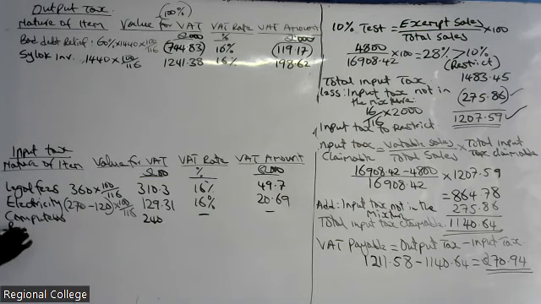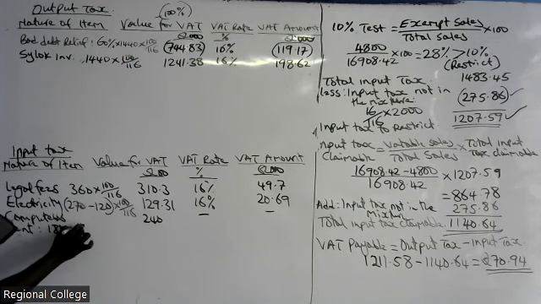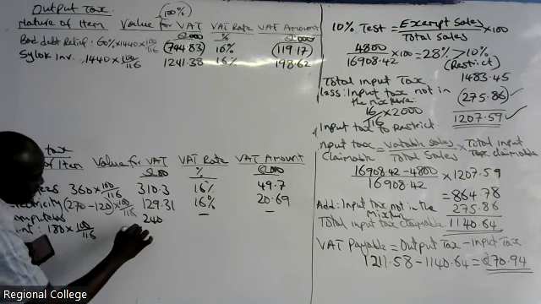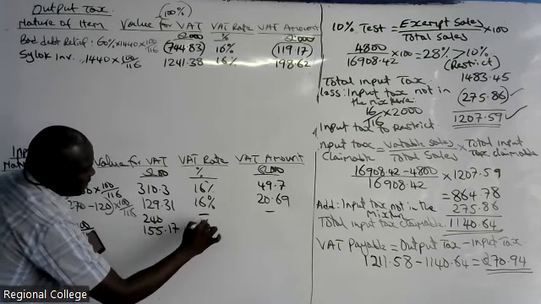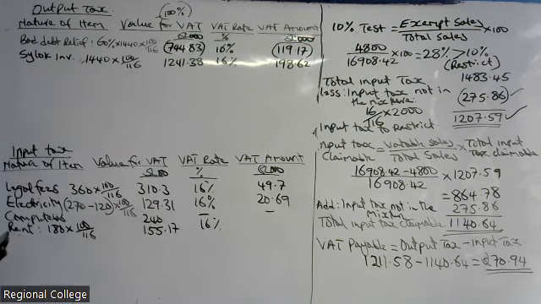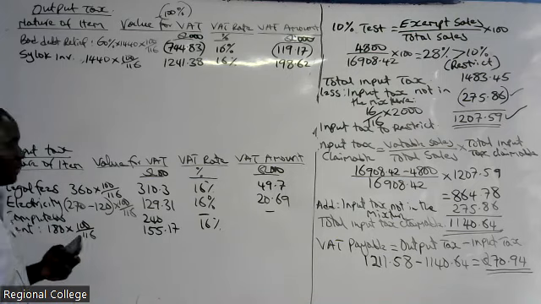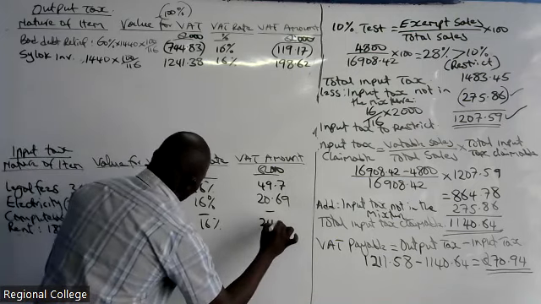So rent: 180 times what? 180 times 100 over 116 gives 155. Times 16% gives 24.83.